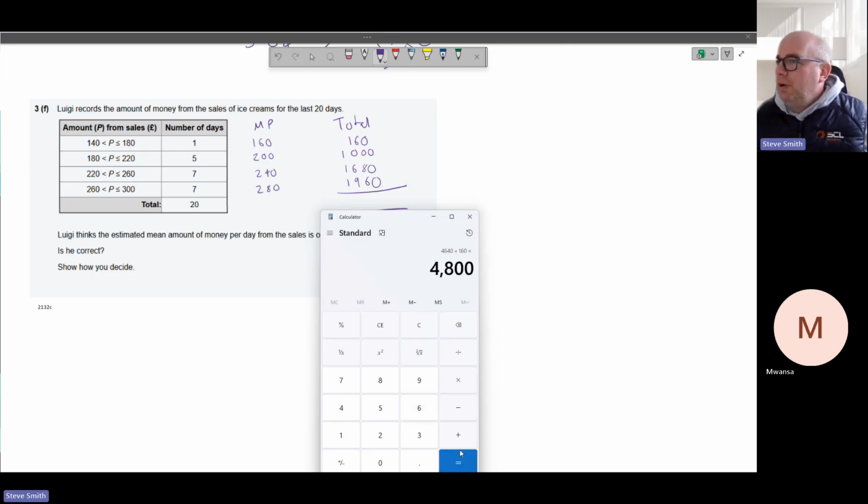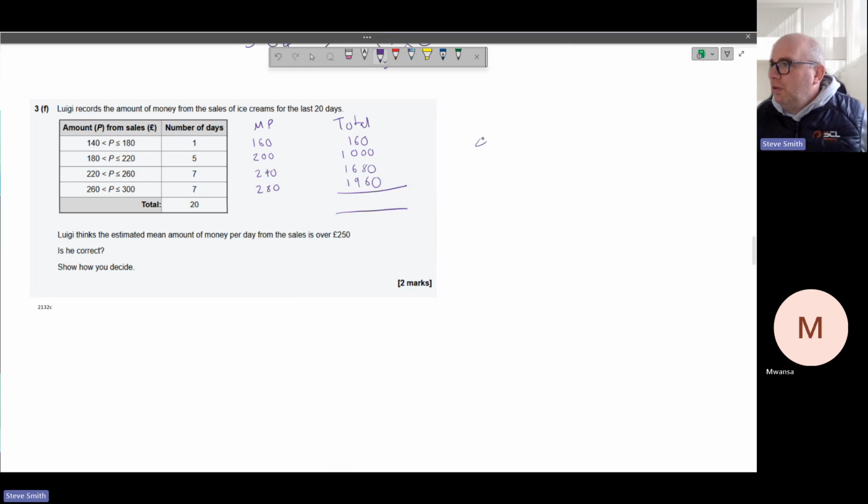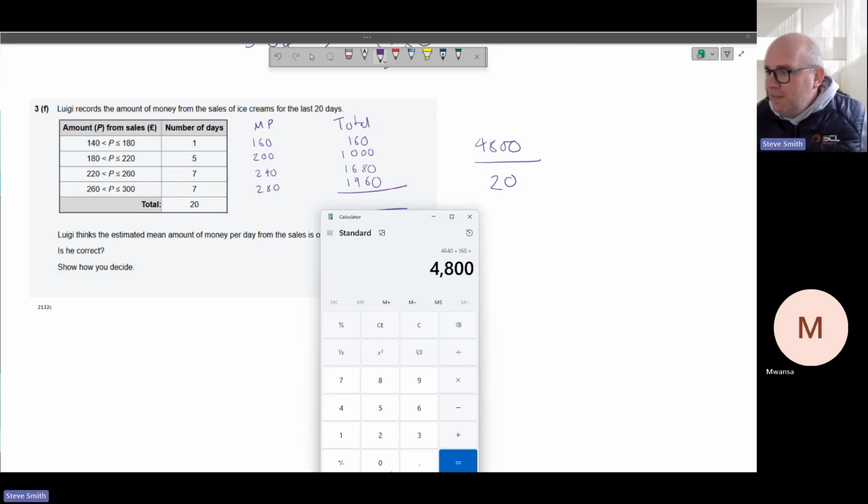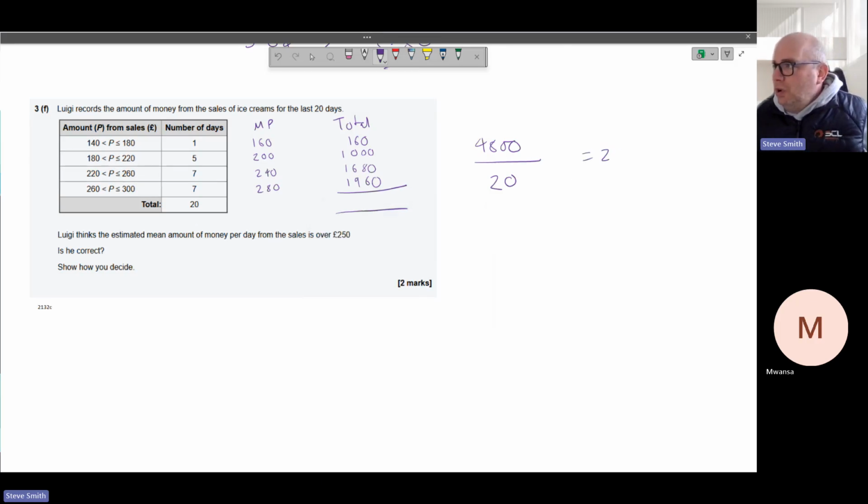So 4,800 is our total. We divide by the number of days, 20. If we did 48 divided by 20 and then put 2 zeros on the end, we're going to get exactly the same as 4,800 divided by 20, which equals 240.